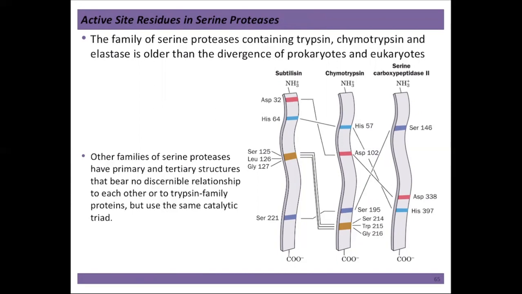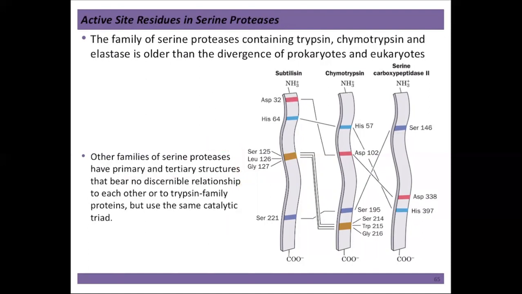There are other families of serine proteases whose primary and tertiary structures bear no discernible relationship to those of the trypsin family, but they still have the same catalytic triad. And that's really interesting, that this catalytic triad has found its way into these serine proteases probably through several different routes.